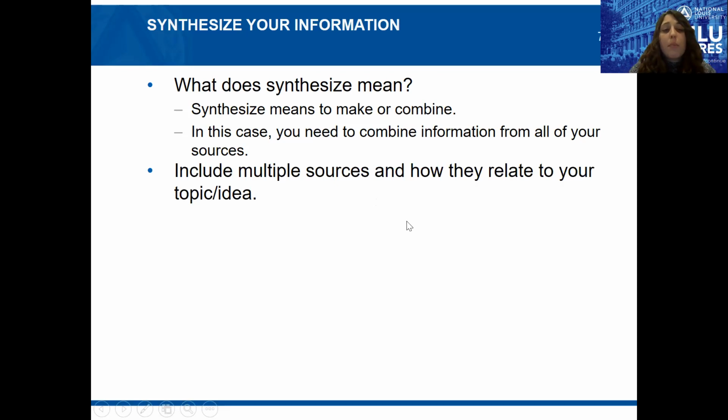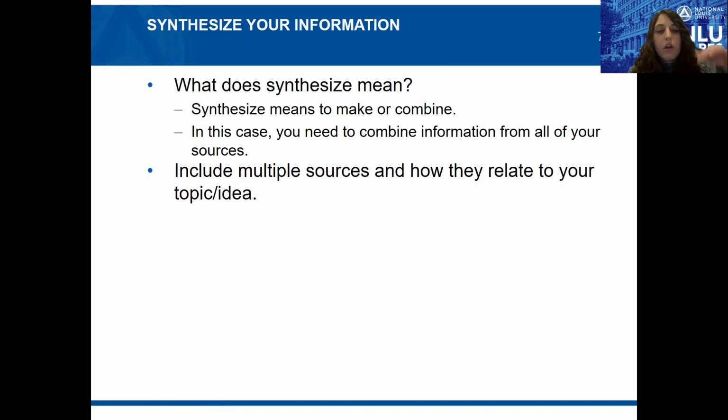So you want to include multiple sources that relate to one idea or topic. So sometimes people put just one paragraph about a certain topic, and then their next paragraph, they just use one source on a different topic. You want to try and weave 2 or 3 sources into each paragraph, sometimes more, sometimes less, but you really want to make sure that all your sources relate to your topic.